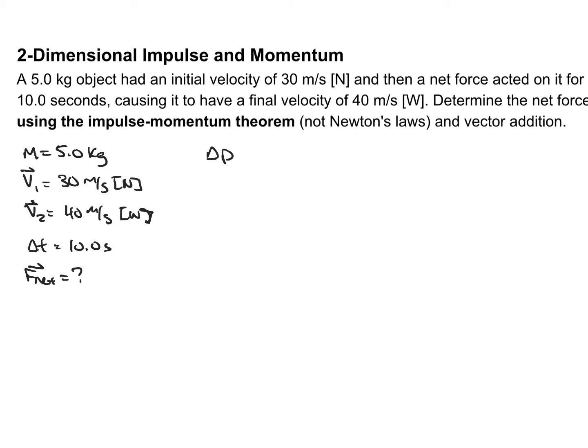The change in momentum will equal the net impulse. That's the impulse momentum theorem. The change in momentum is P2 minus P1. The net impulse is the net force multiplied by time. Impulse is force times time.